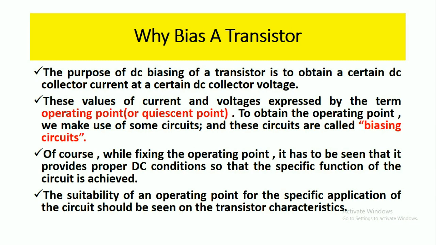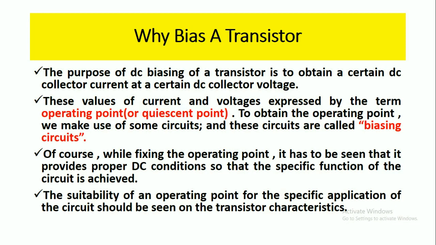The first question is, why bias a transistor? The purpose of DC biasing of a transistor is to obtain a certain DC collector current at a certain DC collector voltage. These values of current and voltage are expressed by the term operating point, or we can simply call it the quiescent point.